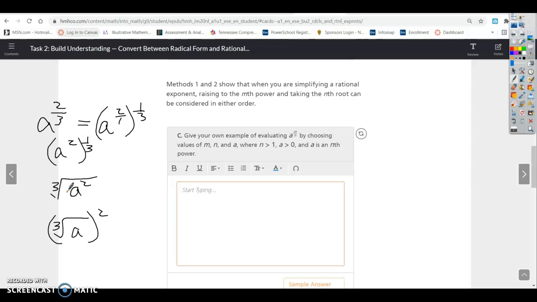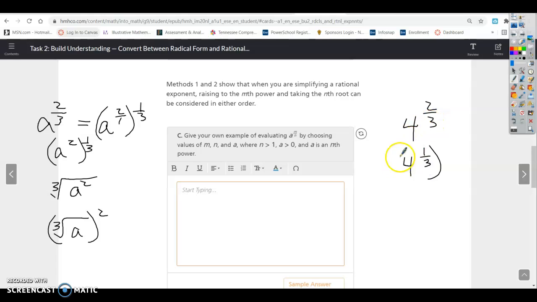All right, if you want an example with a number, we can do 4 to the 2/3 power. And again, we can separate this in a similar way, or we could do it in reverse. We could say 4 to the 1/3 power. Oh, that's supposed to be a 3.